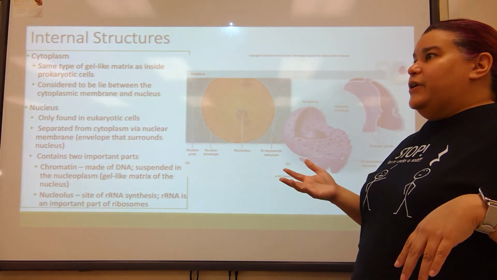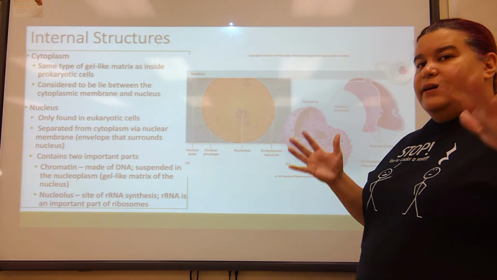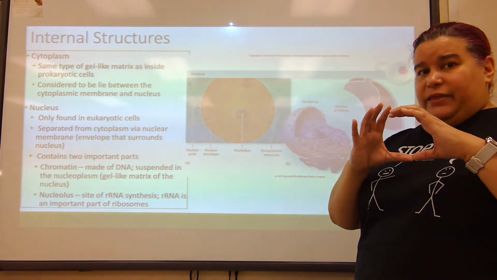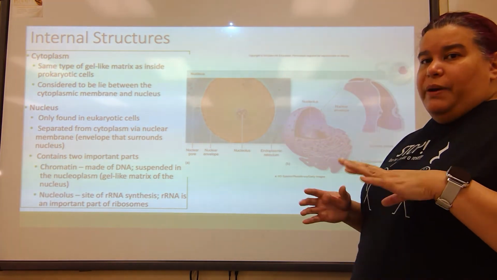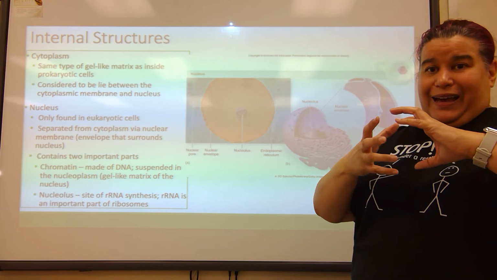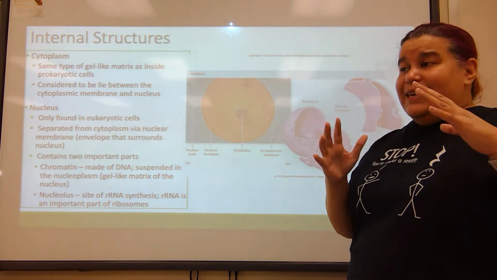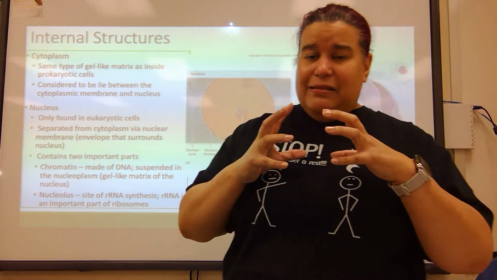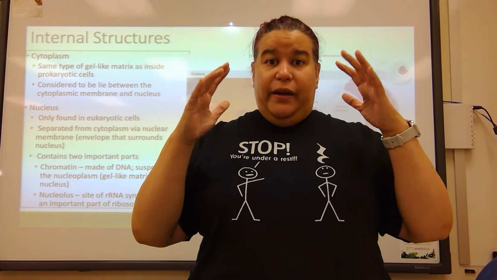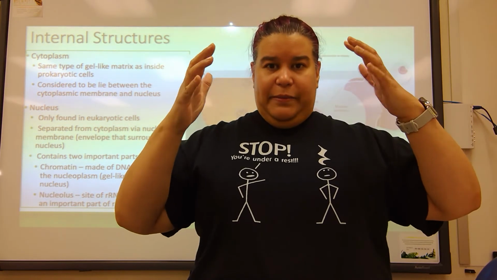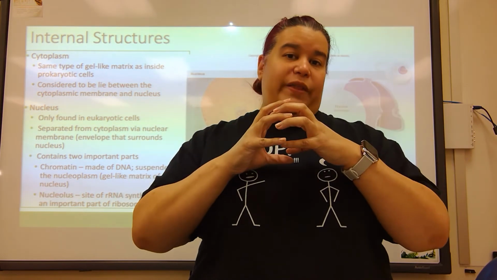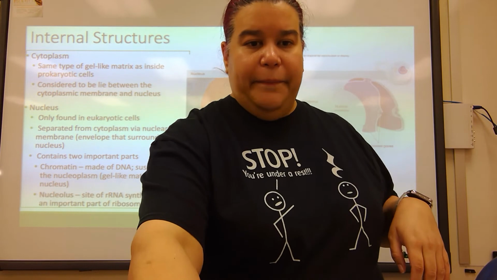It is considered as lying between the cytoplasmic membrane and the nuclear membrane. So remember, the nucleus is internal, it's isolated, it has its own kind of space. This is the goo between that cytoplasmic membrane on the outside and where that nucleus is on the inside.